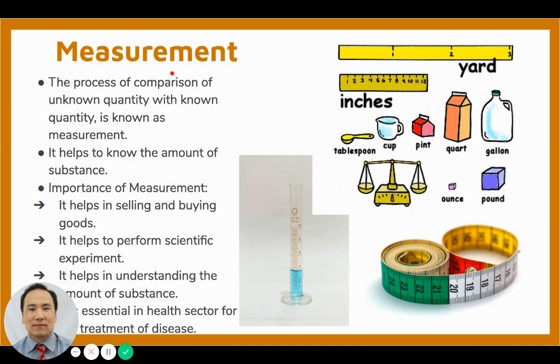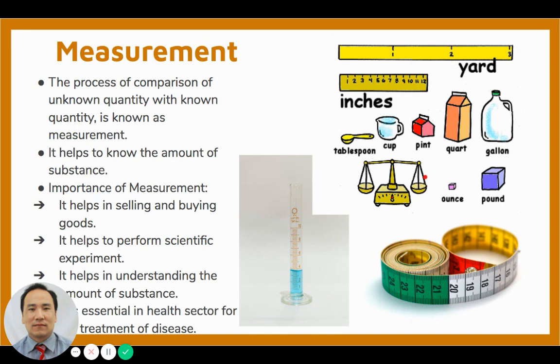Measurement. In our daily life, we measure different things. Like if you are taking medicine, then we say, okay, you take 2 tablespoons of medicine. Or if we go to market, then we buy 2 kilograms of, let's say, rice.